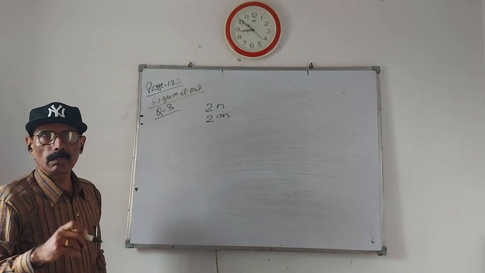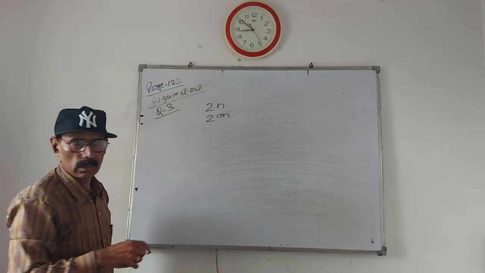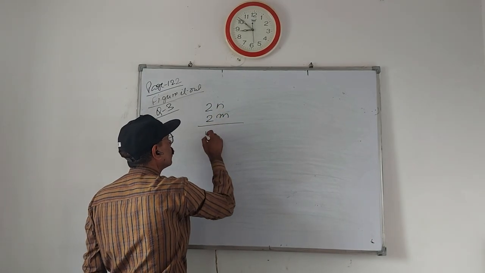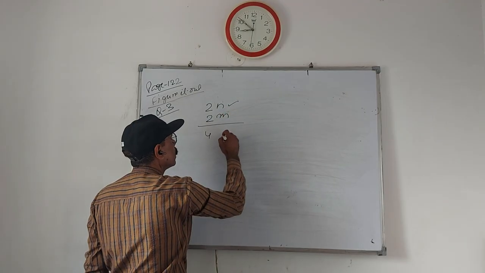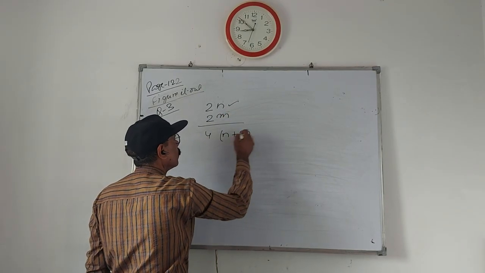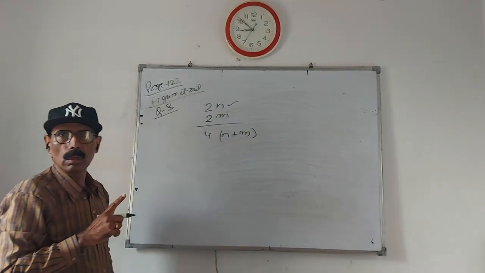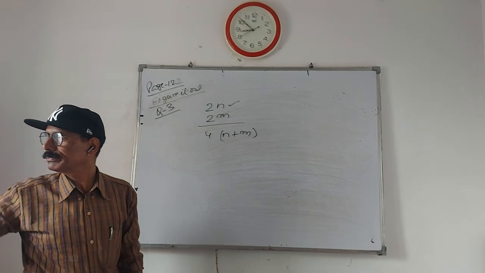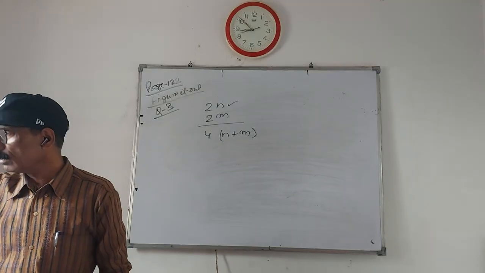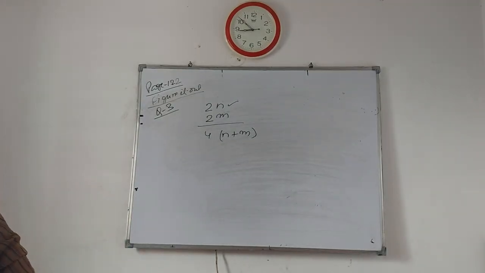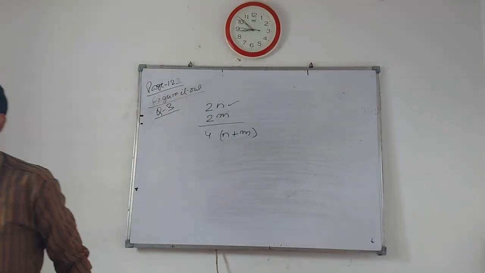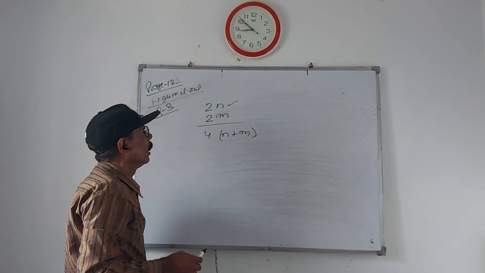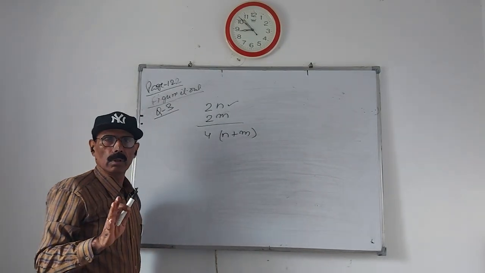If you make the sum, you will add 2n plus 2m. This will be what? 2n plus 2m.